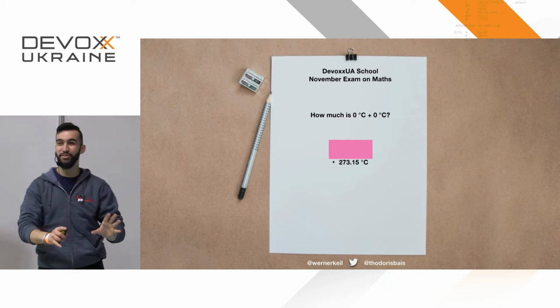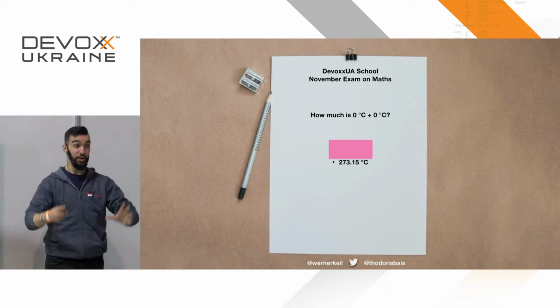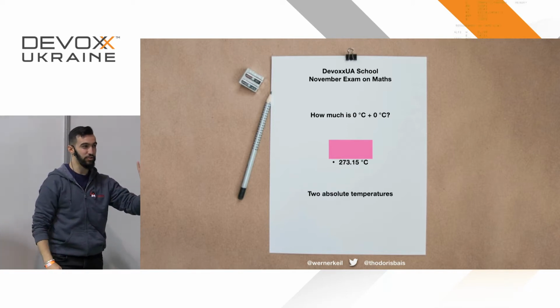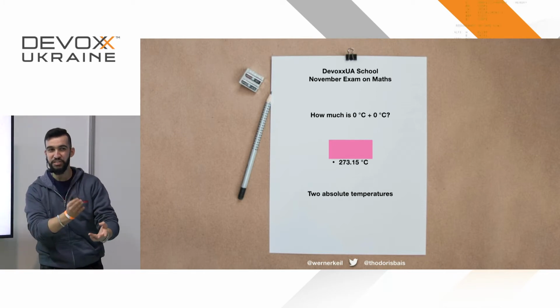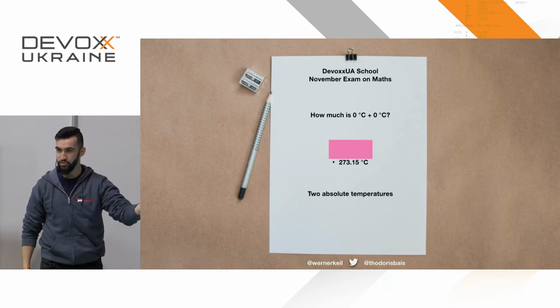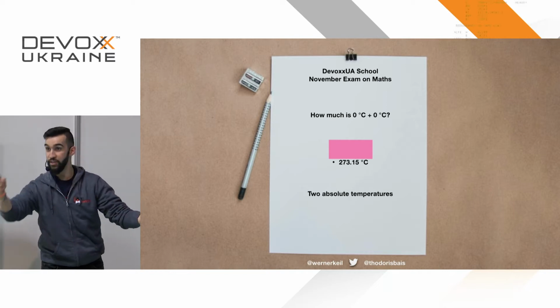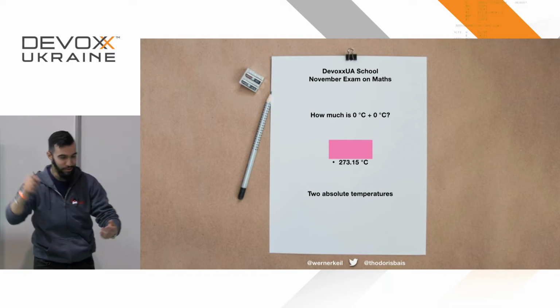Okay, so first of all, let's examine the very first scenario where we have two absolute temperatures. So what happens when we have an absolute temperature? Let me get the rule straight. For an absolute temperature, 0 degrees Celsius means 273.15 Kelvin. Please come afterwards for a stroopwafel.